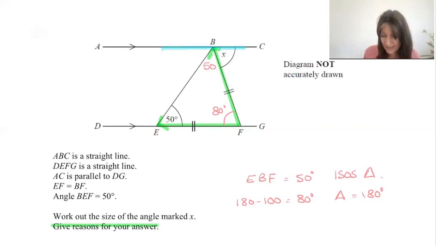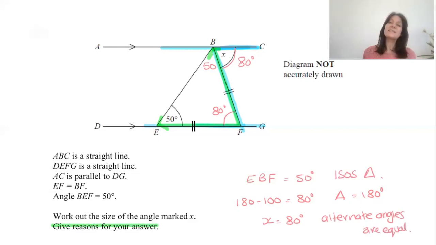So I've got this parallel line and this parallel line here, and this angle is joined through a Z shape. And I hope you can see that because I've got a lot of color going on now. So X is 80 degrees. So X equals 80 degrees because alternate angles are equal.